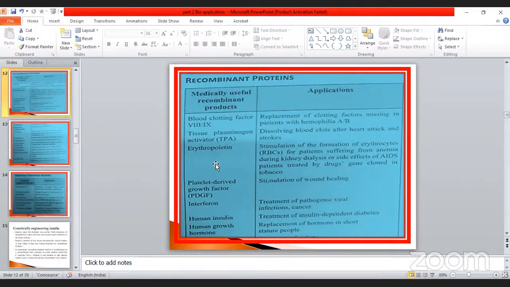If we introduce the growth hormone to those persons, it works as a replacement of hormone in short stature people. So these are the important things.